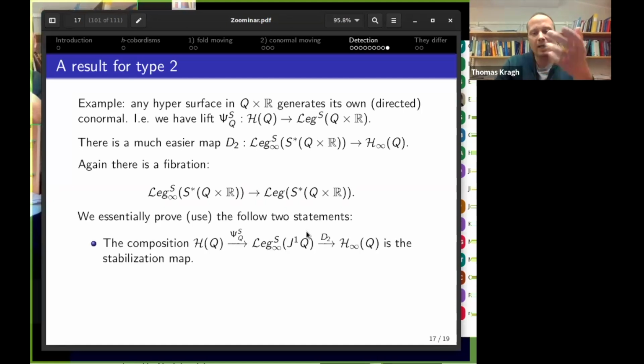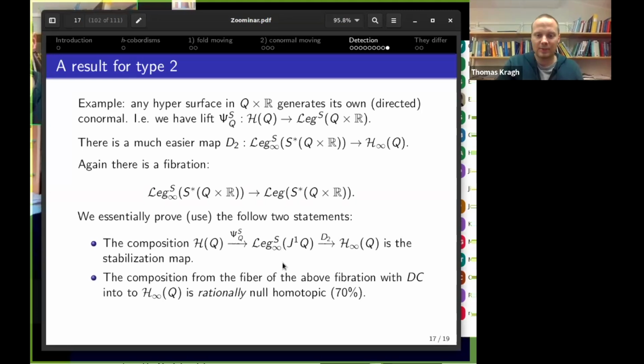And again, we divide it into 2 steps, prove that this phi composed with this detection is just the stabilization map that sends HQ into H infinity Q. And yeah, this is not completely finished. This is one of the parts that is a little open, but we are pretty sure that the homotopy fiber of this map is the same as the homotopy fiber of the other map.